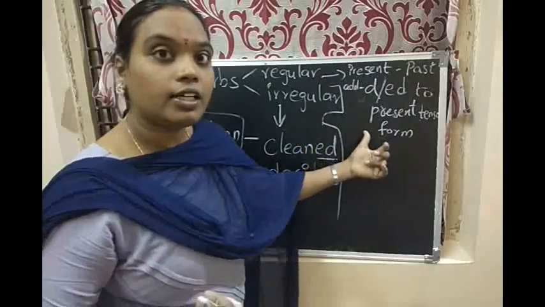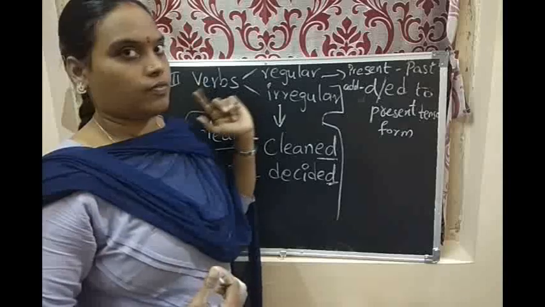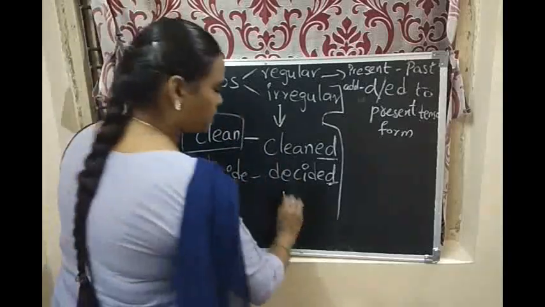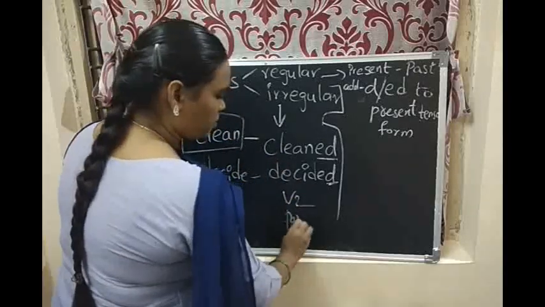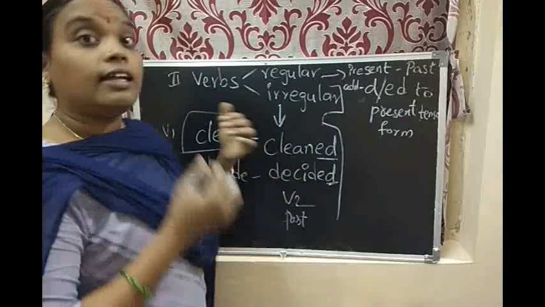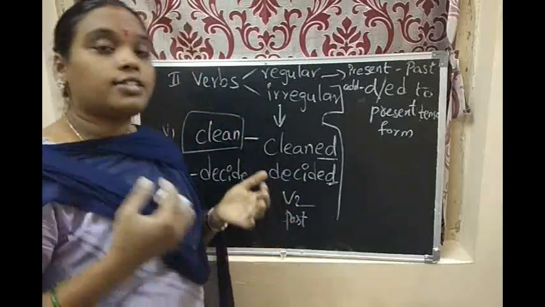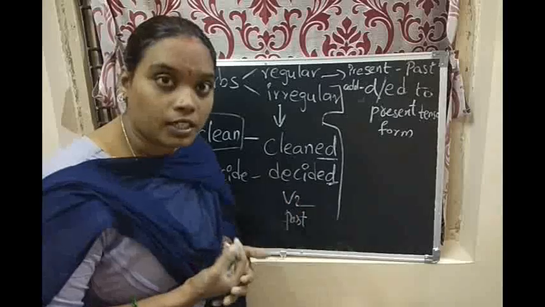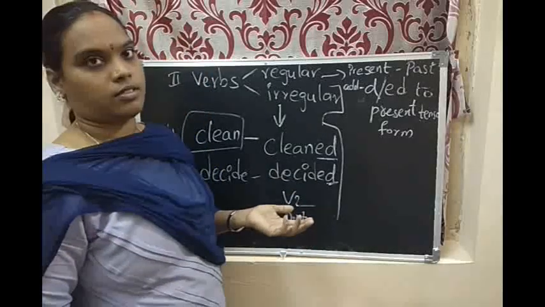Then what do we get? The past form. This is past tense, V2. All these types of verbs are known as regular verbs.